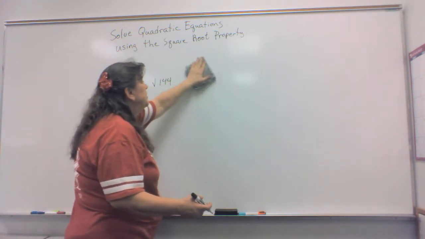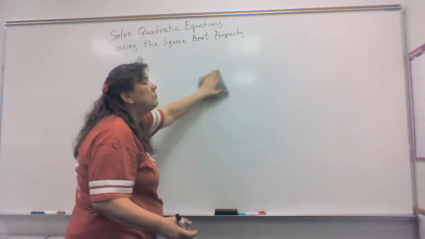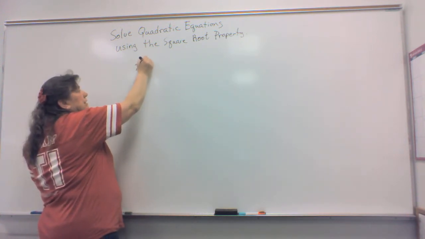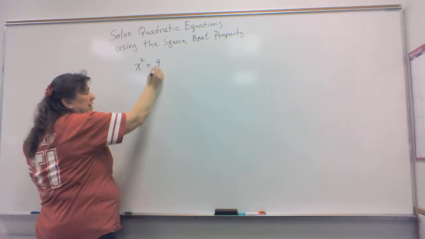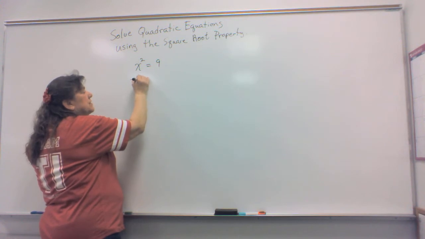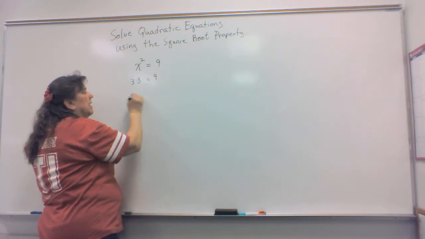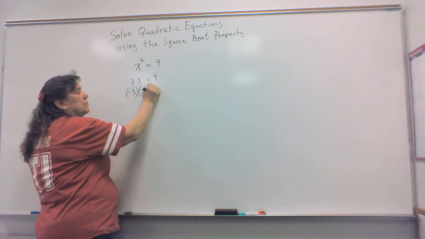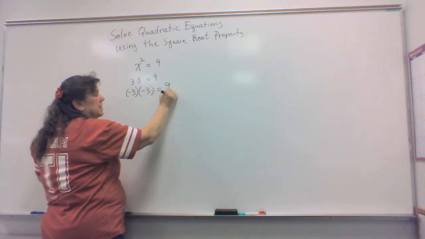We're actually going to look at it as both possible roots. So if we have x squared is equal to the number 9, well, you know that 3 times 3 equals 9, and negative 3 times negative 3 also equals 9.